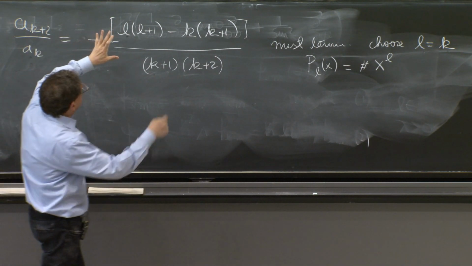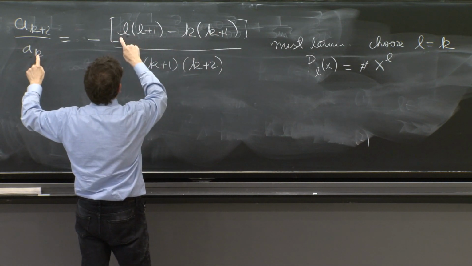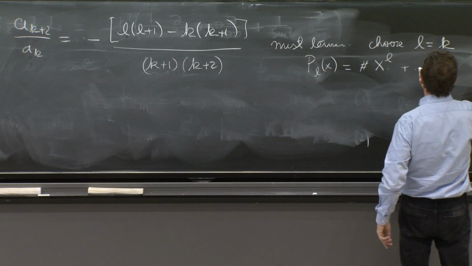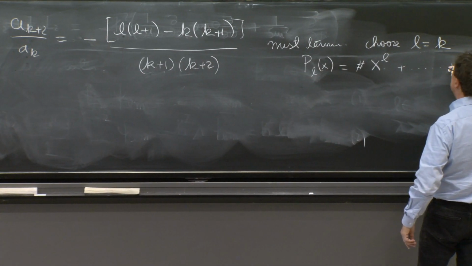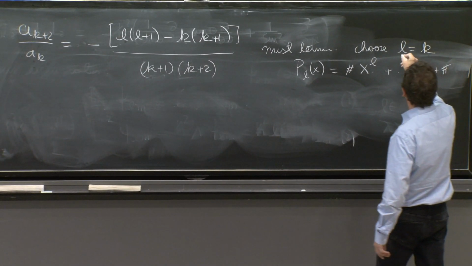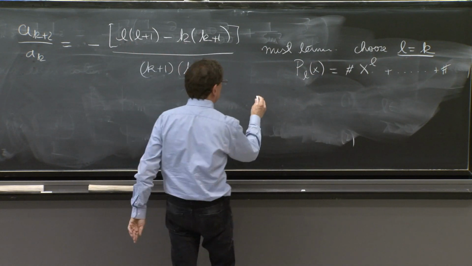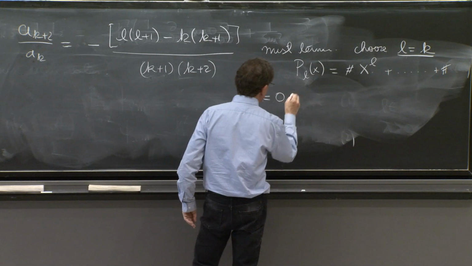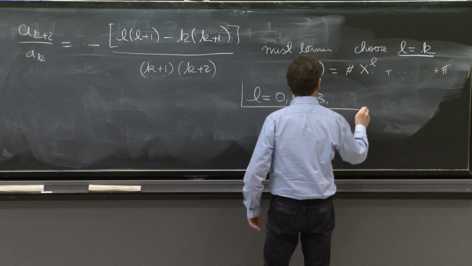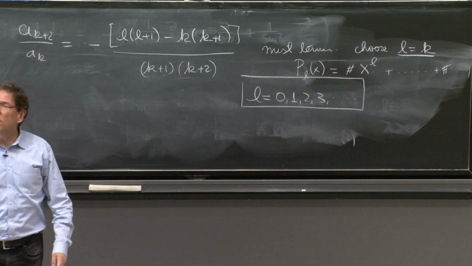So the last coefficient is the value of L, and the polynomial is an Lth-degree polynomial. And you got a quantization. L now can be any positive integer or 0. So L can be 0, 1, 2, 3, 4, and it's the quantization of the magnitude of the angular momentum.